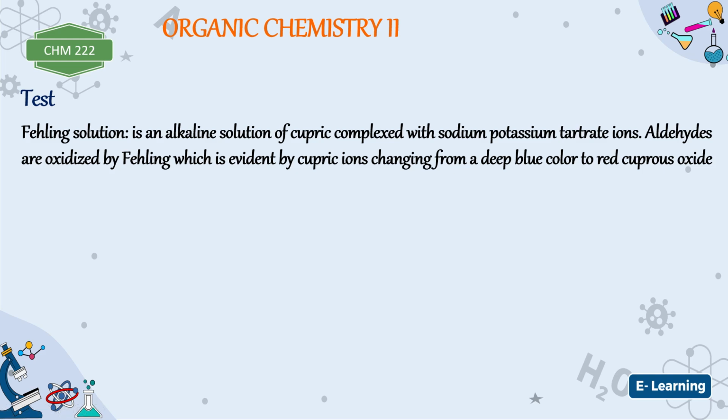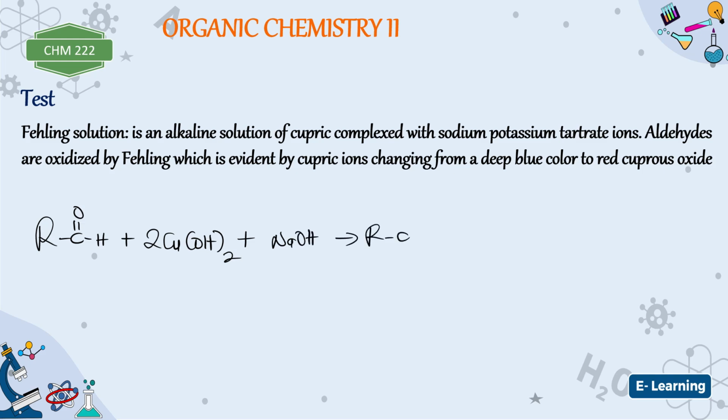So if you have something like this, R-C double bond O, this one can also be used to test for the presence of aldehyde and not ketone. Cupric ion plus hydroxide, plus then sodium hydroxide.